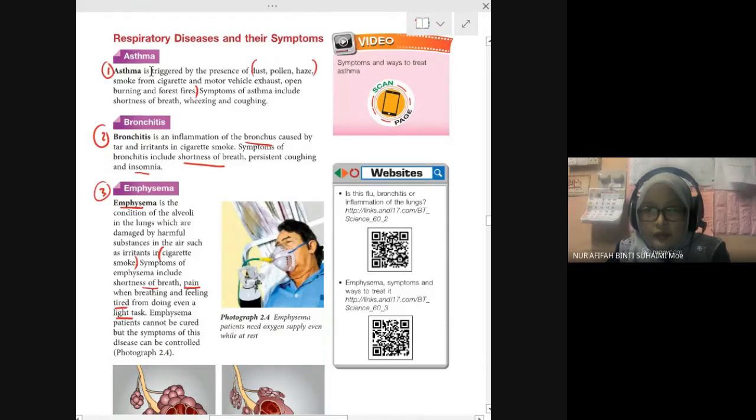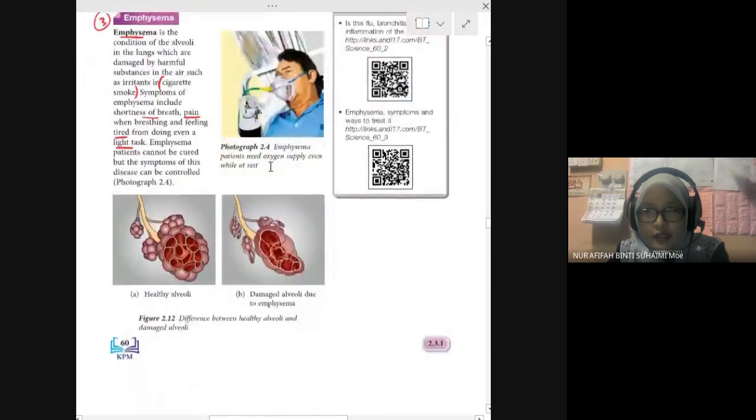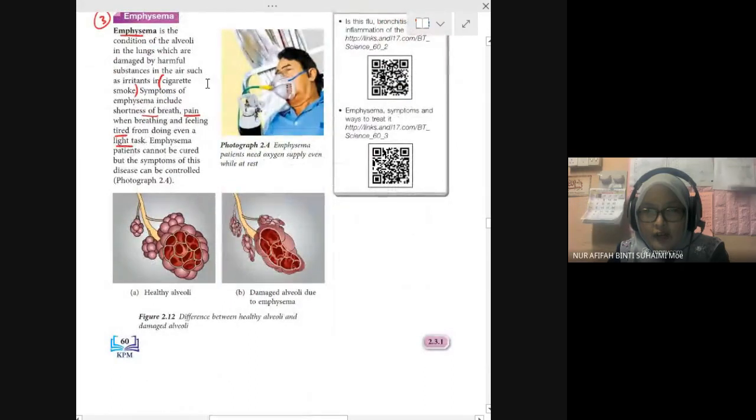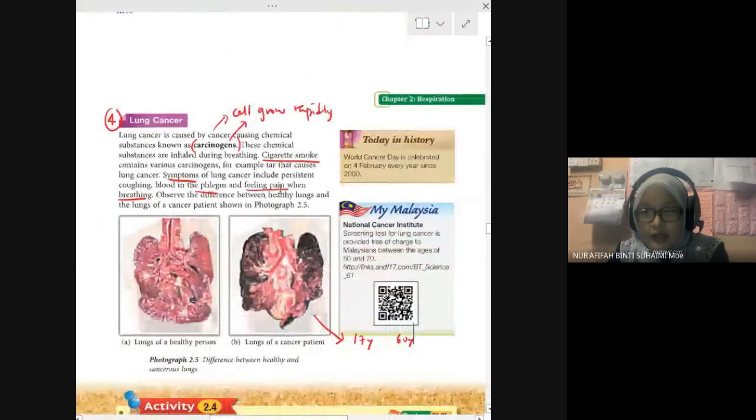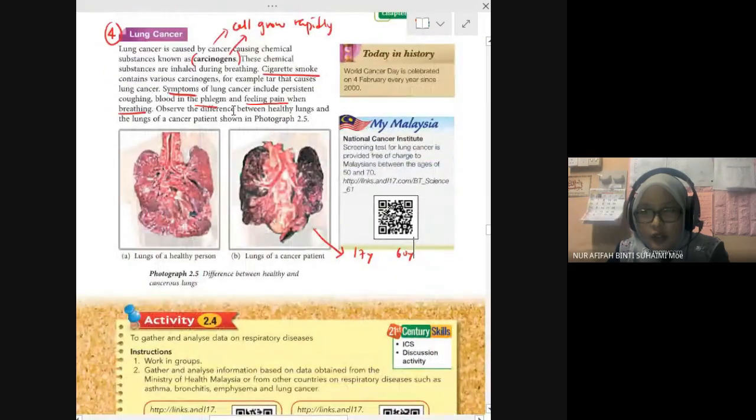Vigorous activity pun tak boleh, asma. Okay, bronchitis, inflammation in bronchus, emphysema, damage in alveolus, feeling pain, tired, lung cancer, got blood inflamed, coughing also, and feeling pain when breathing. Okay.